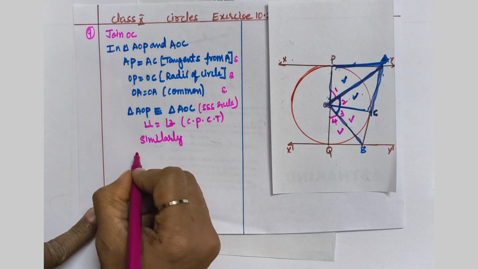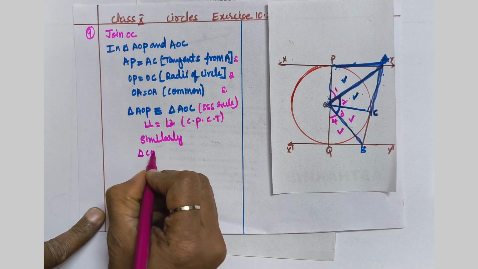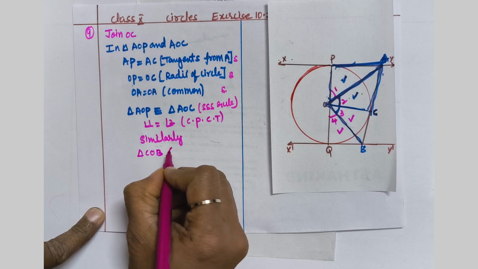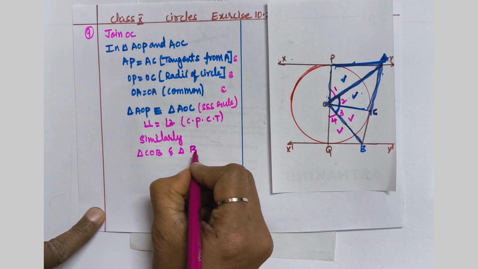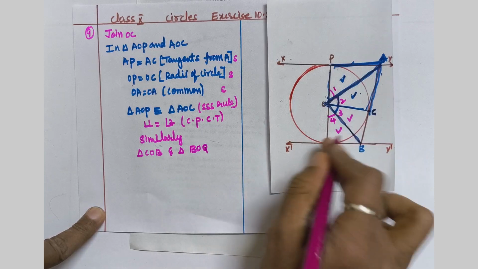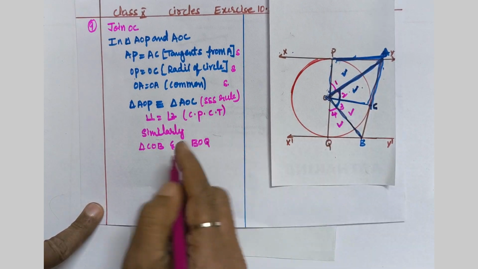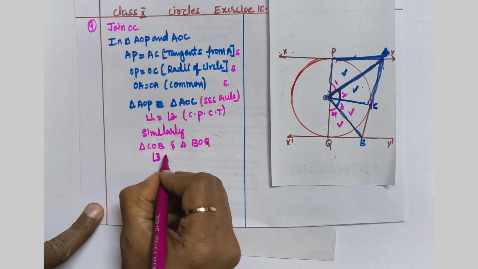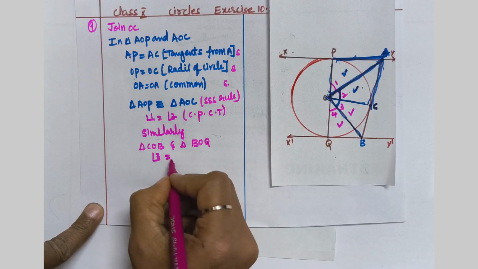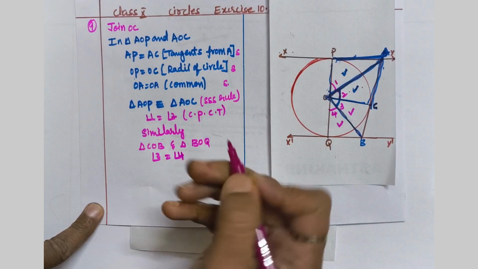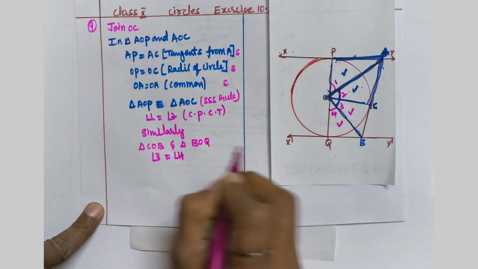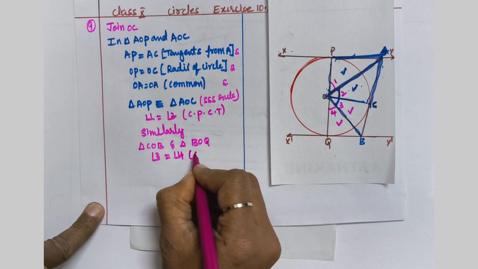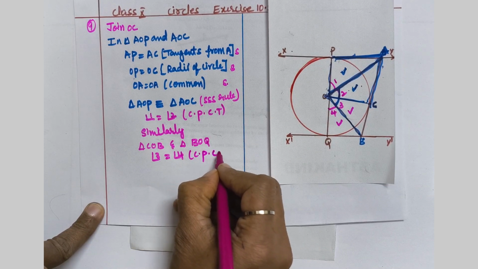Triangle COB and triangle BOQ. Comparing both triangles, angle 3 is equal to angle 4. Why? By CPCT, same procedure, both are equal.